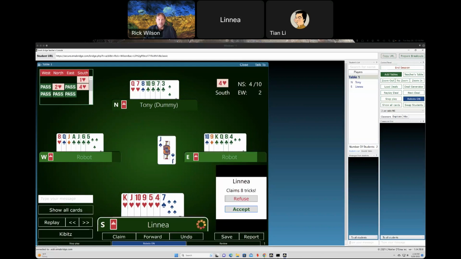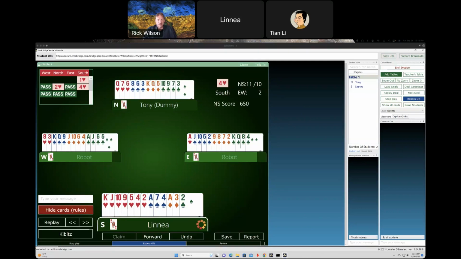You can't claim all the tricks. Oh yes, true. But I can claim enough of them now. Yes. So what's the thought process when dummy comes down? What's our declarer's plan? Well, I counted up all the losers and I got 4. And I thought, well, if the spades are divided 2-5, I guess that is unrealistic, huh?